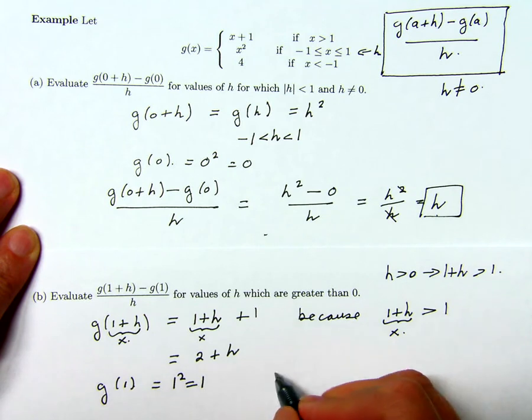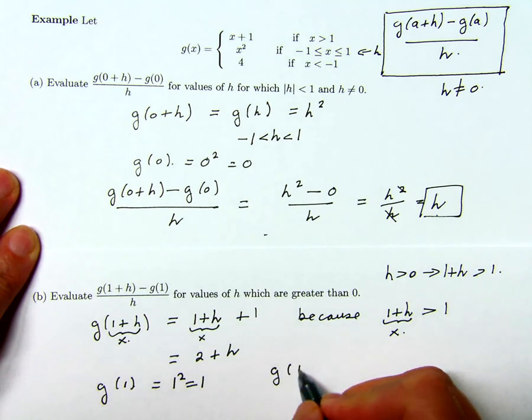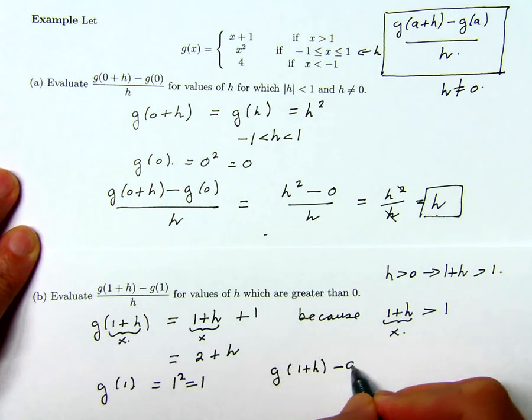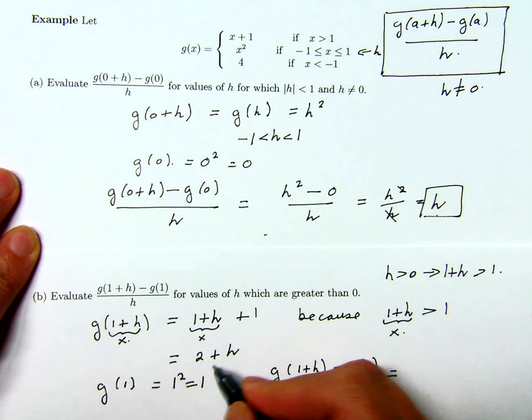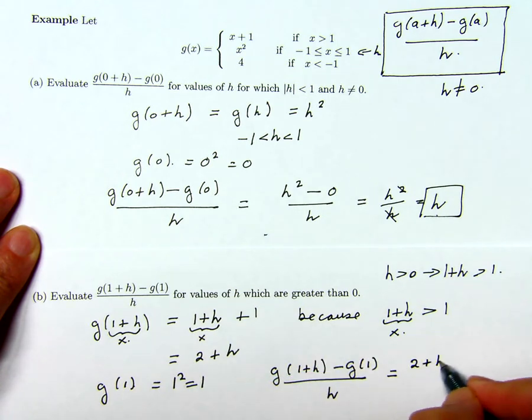And now I have g of 1 plus h minus g of 1 over h is equal to g of 1 plus h, which is 2 plus h. Substitute for that. Minus g of 1, which is 1, all over h. So this equals 1 plus h over h.